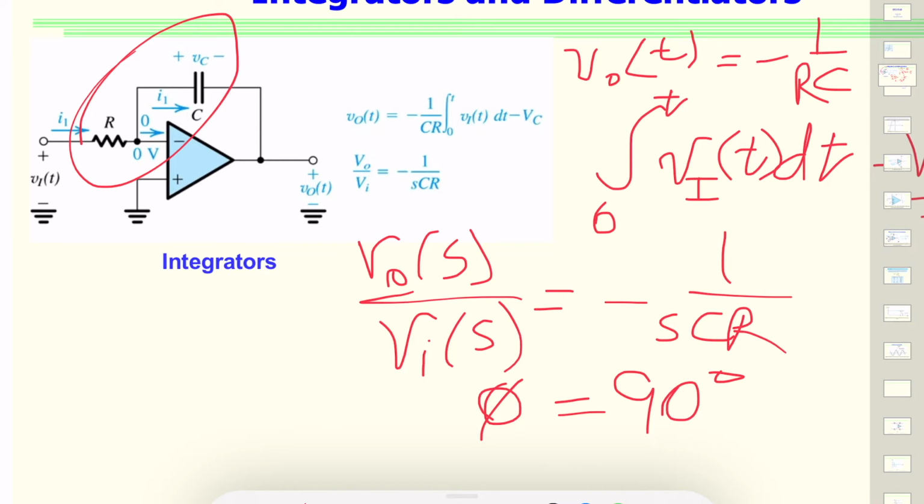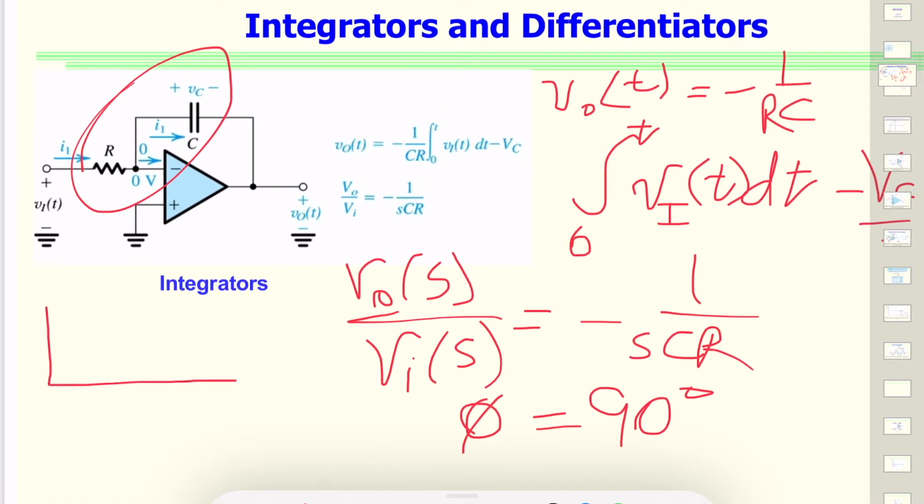Now for frequencies omega, which increases over time, how does the magnitude change? So we do use Bode plots. Bode plots are where we can see the behavior or get the transfer function of a device.